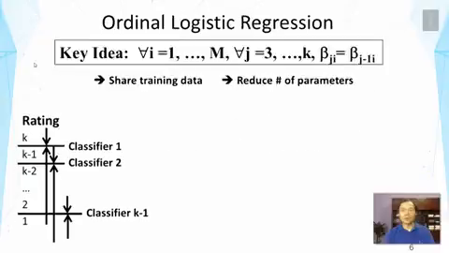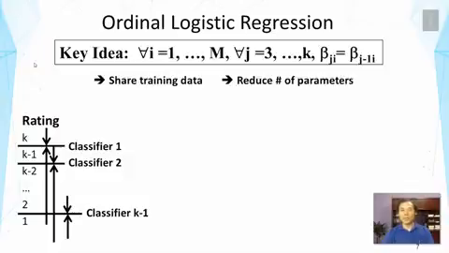Now, the idea of ordinal logistic regression is precisely that. The key idea is just the improvement over the k-1 independent logistic regression classifiers, and that idea is to tie these beta parameters.